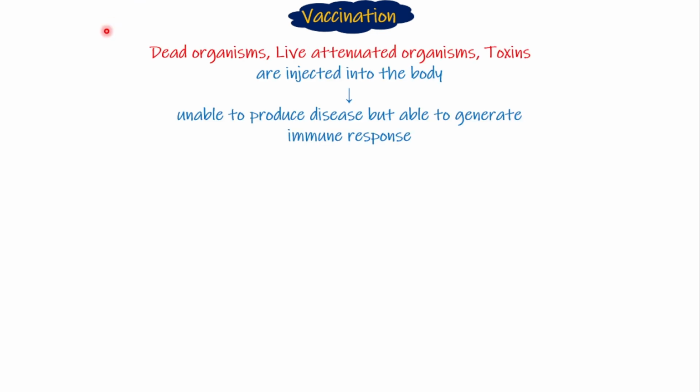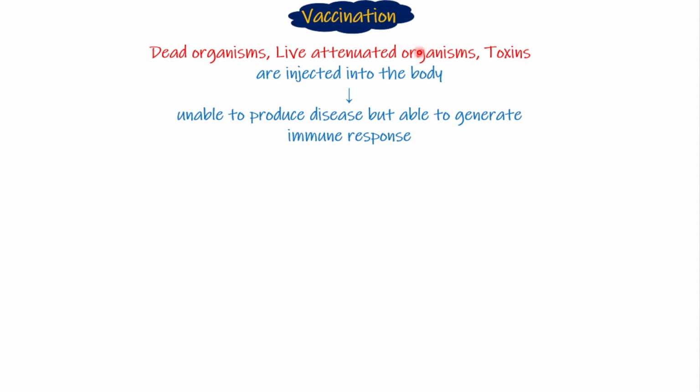Now, vaccination is a process in which the body is exposed to the foreign invaders, but not in their fully functional form. The body is exposed to dead organisms, live attenuated organisms, or some toxins of the foreign invaders, the bacteria, the viruses.